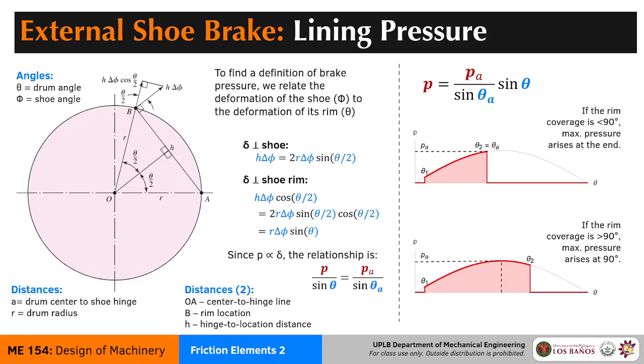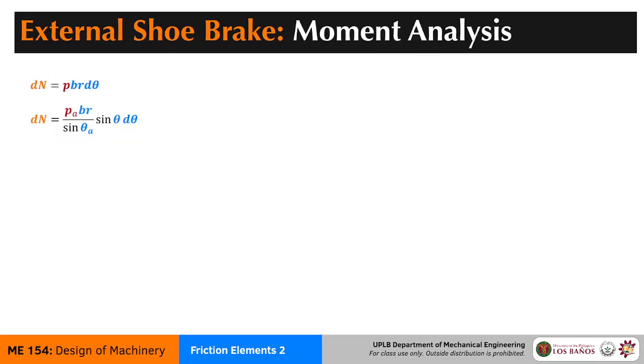But if it exceeds the 90-degree mark, then 90 degrees will have your highest pressure. All right. So substituting our relationship function of pressure to our differential of the normal force, we will get this function.